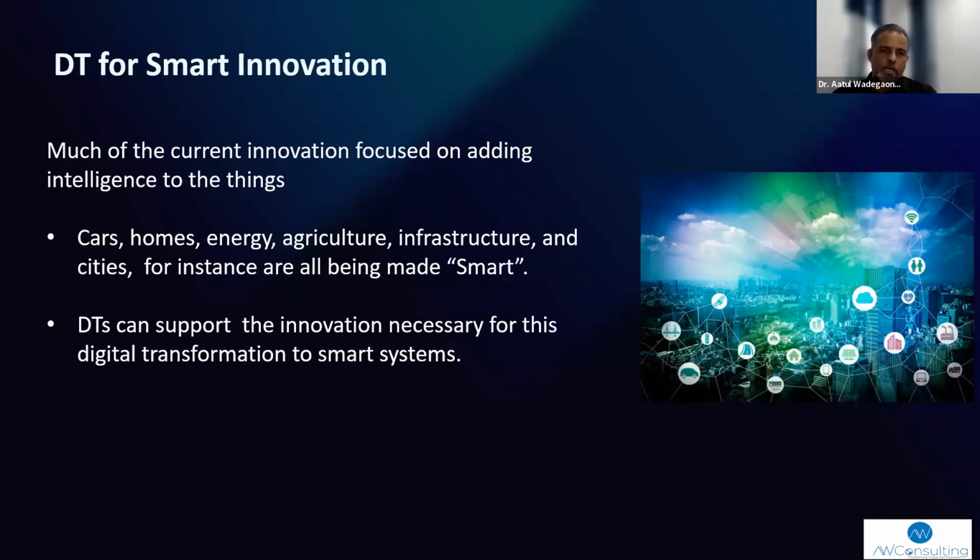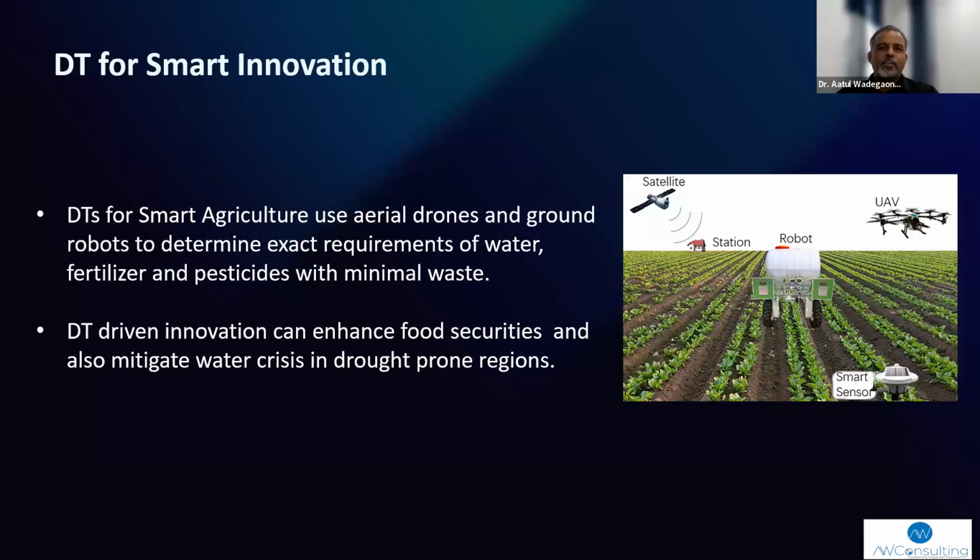So cars are becoming smart, homes are becoming smarter, fans are becoming smarter, cameras are smarter, agriculture, infrastructure, cities, all are being made smart by partial implementation of the digital twin aspect. Some of you had said that digital twin can be applied to agriculture. You see that example here.